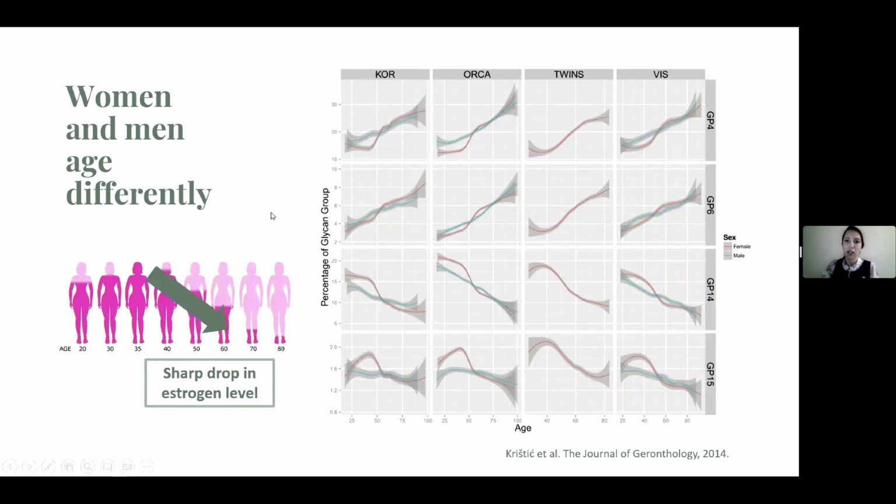And what we see is that around the time of the menopause, when there is a sharp drop in estrogen level, so here in this age group between 40 and 55, there is a sharp increase in the pro-inflammatory glycans and a sharp drop in the anti-inflammatory glycans in women, while men have a more linear trend of change.